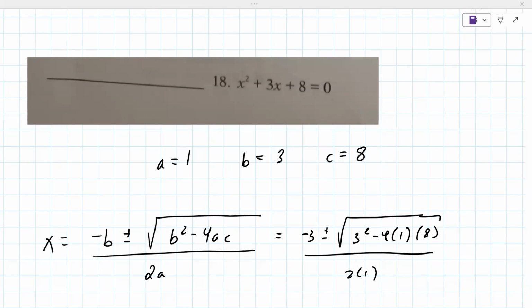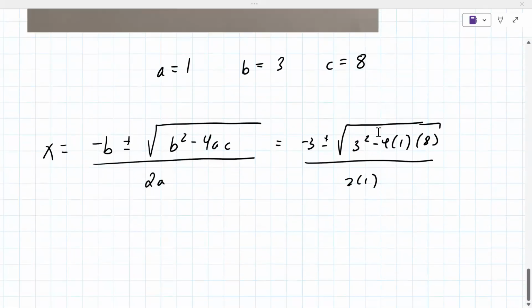Negative 32. It's 9 minus 32. Try that one more time. You can just enter it exactly the way it's written.